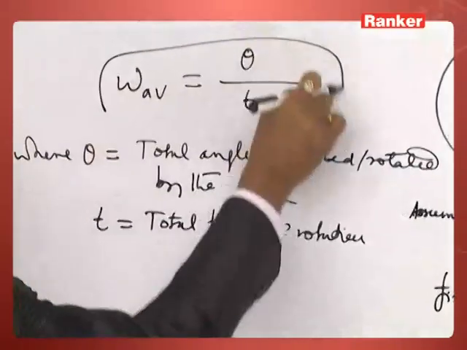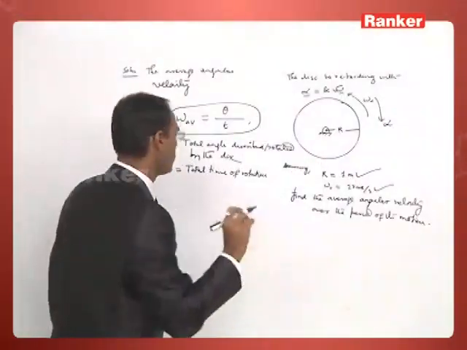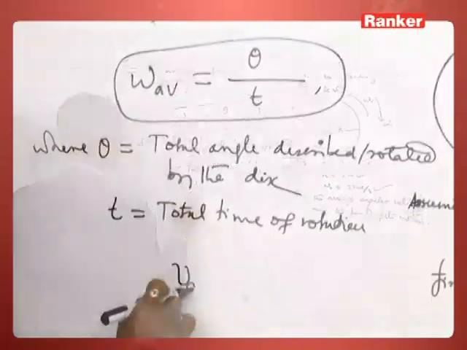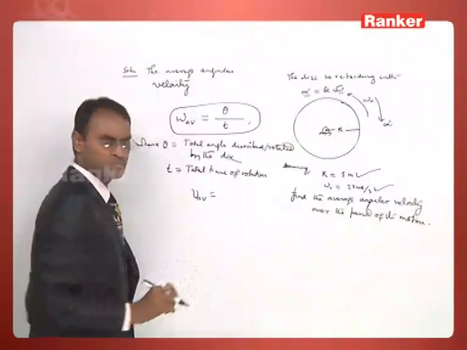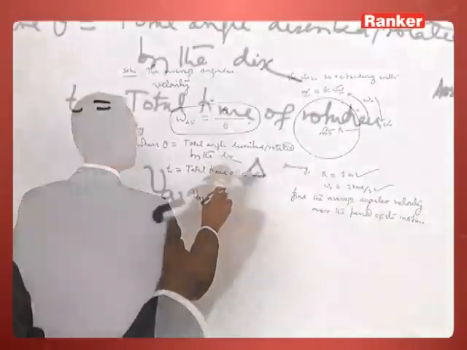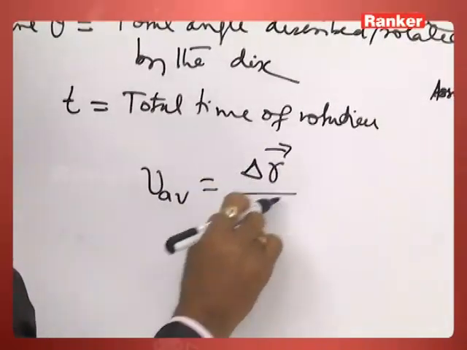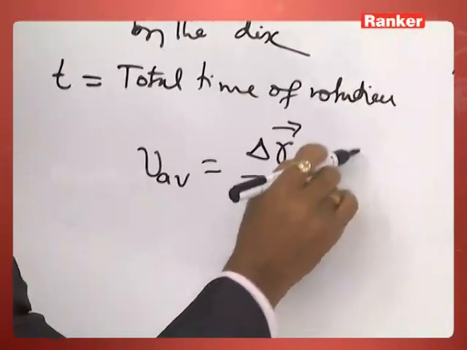This formula is analogous to the formula for the average linear velocity, which is equal to net displacement by the time interval.